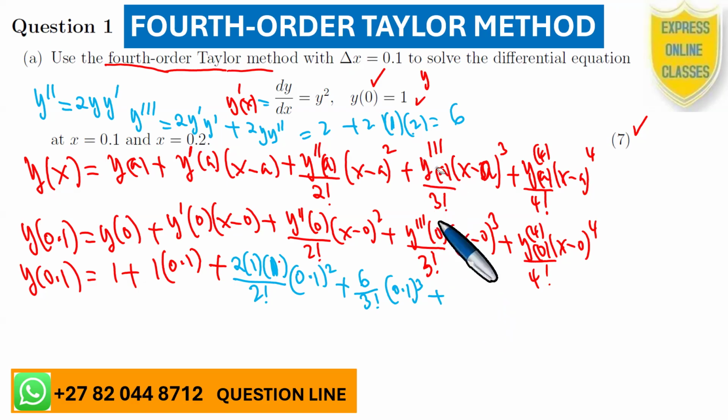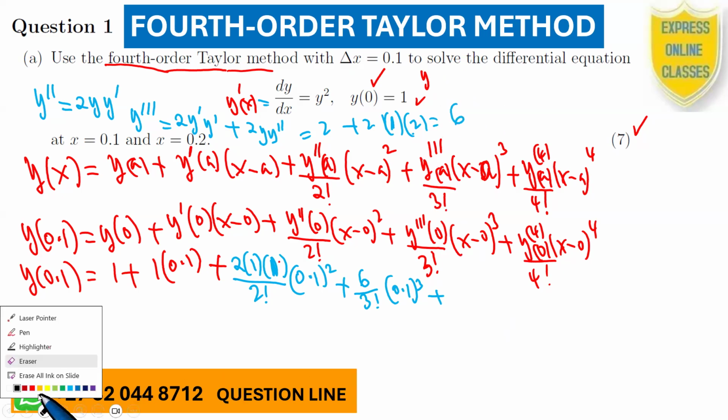Right, so now we're going to do the fourth one, which is the following.